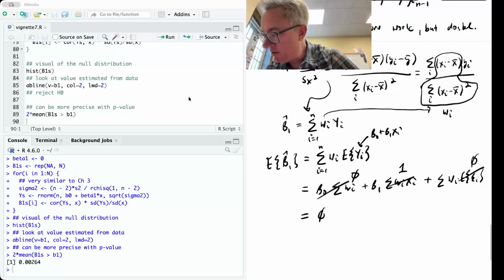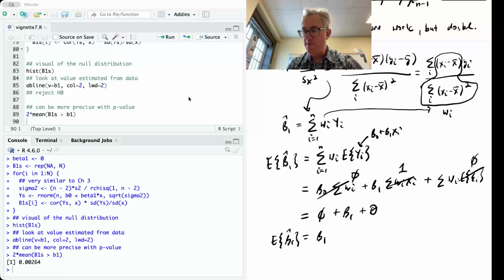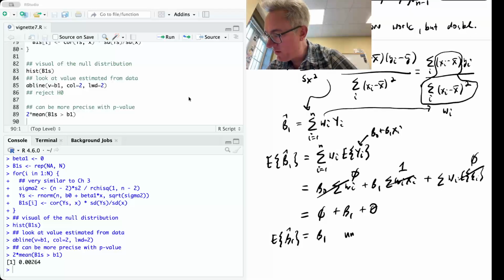So I get 0 plus beta 1 plus 0. So to wrap it up, this is beta 1. So the expected value of the MLE for the slope is the actual unknown slope. So that means that it's unbiased.